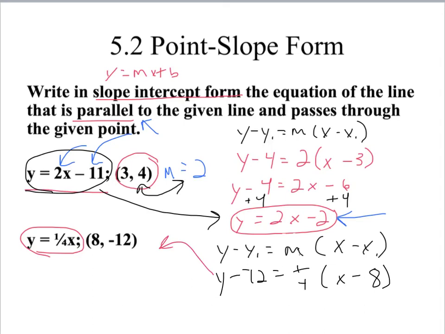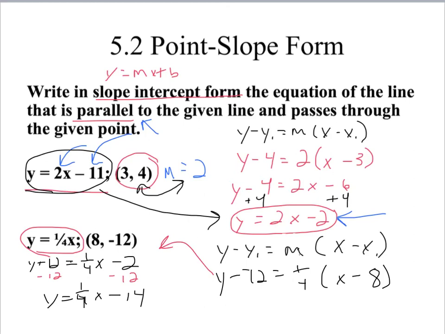Solving for y: y plus 12 is equal to 1/4 x minus 1/4 times 8, which is 2. Subtract 12 on both sides. And my answer is y equals 1/4 x minus 14. Again, it has the exact same slope as the equation given to me.